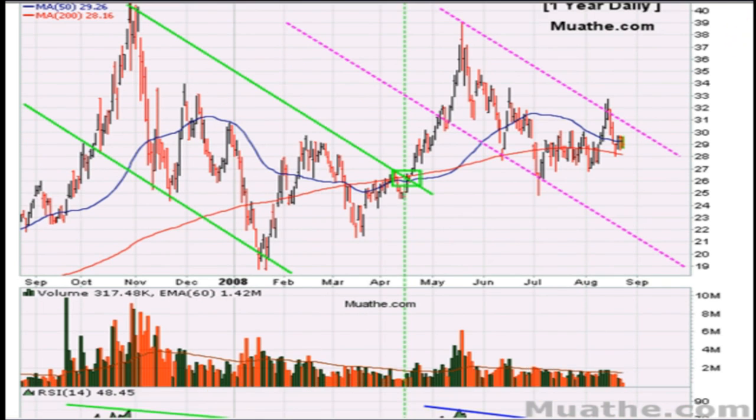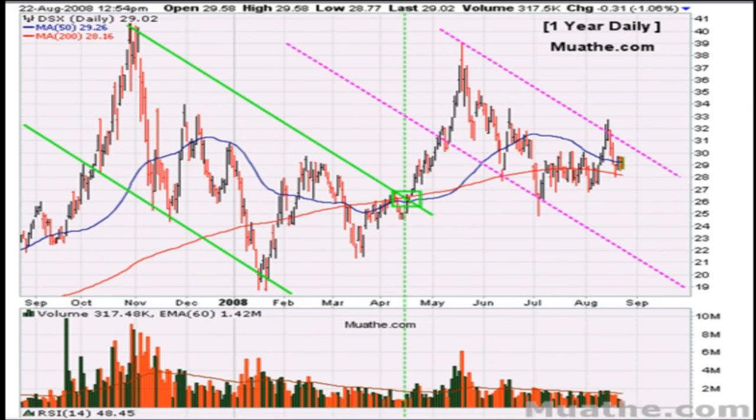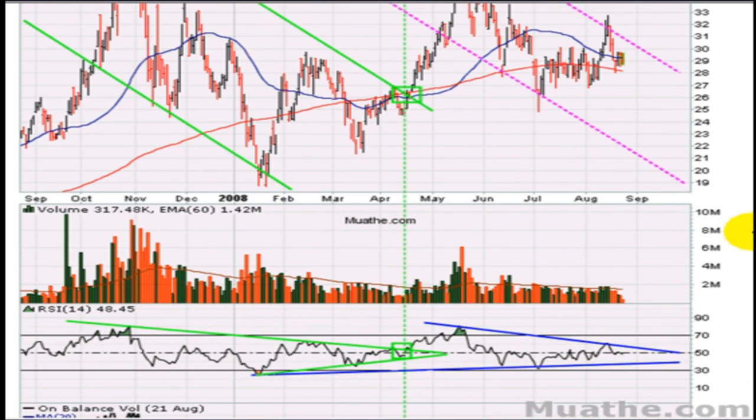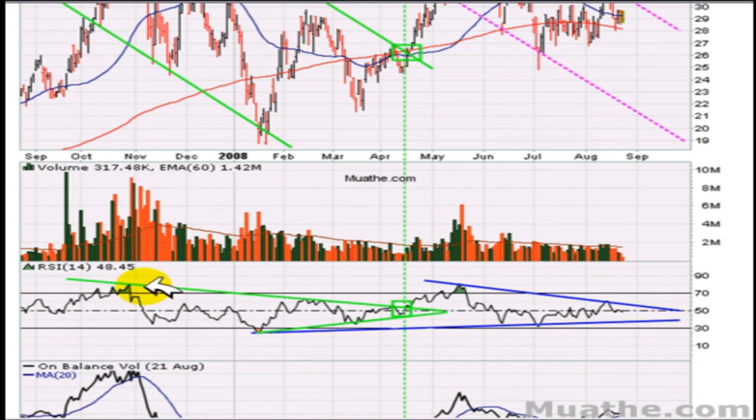The last one on this set of examples is DSX. It's a shipping stock. Again, it formed a high around $40 in November 2007, dropped all the way to 19, so lost more than half of its value. And because this wedge formation eventually would come to be in the green line, would form a nice wedge, very beautiful.